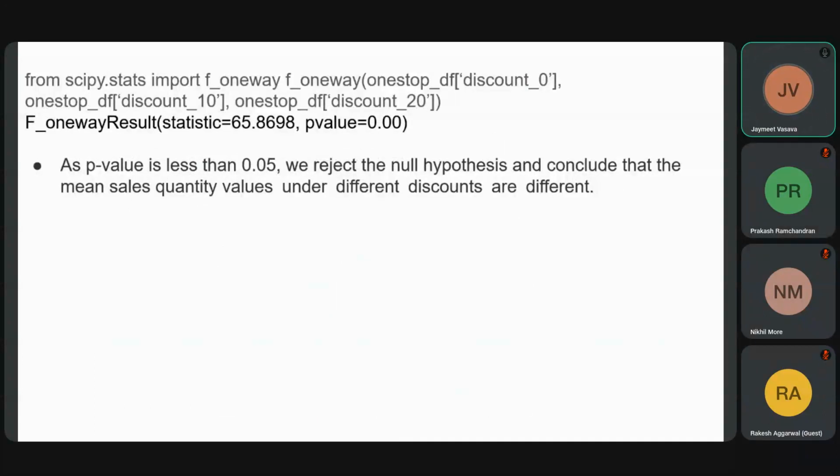We'll be using the f_oneway function from SciPy's stats module, which will give us the value for ANOVA.